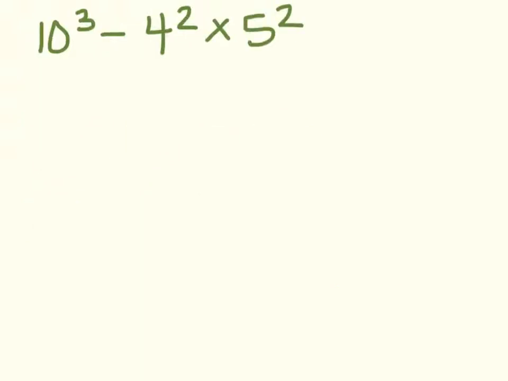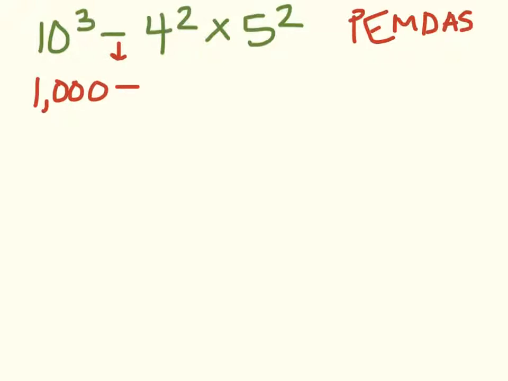Here we're going to solve for the value of 10 cubed minus 4 squared times 5 squared. All right, think about PEMDAS. We're going to work with our exponents first. 10 cubed equals 1,000. Drop down that minus sign so you don't lose it. 4 squared equals what? 16.